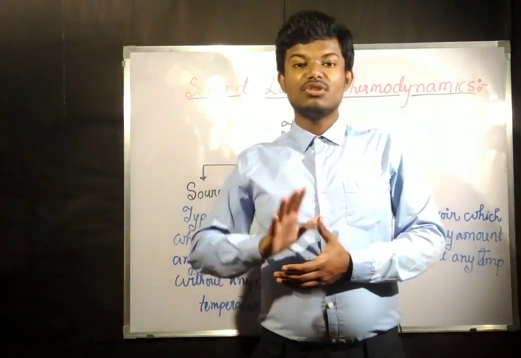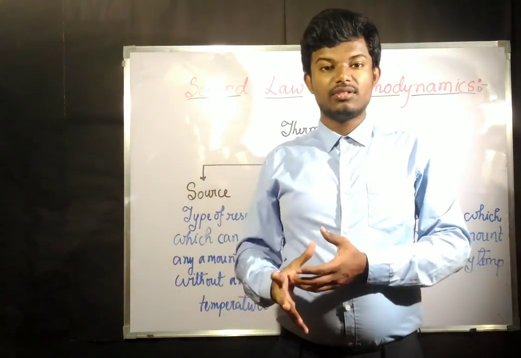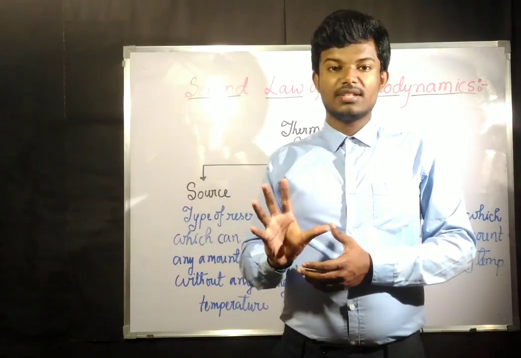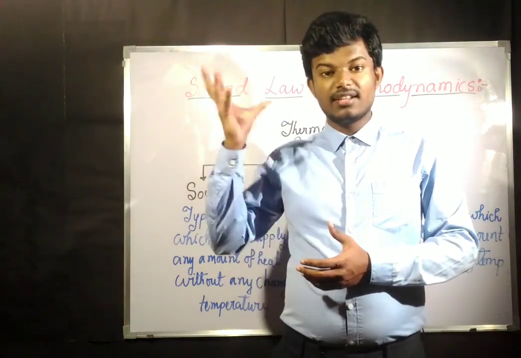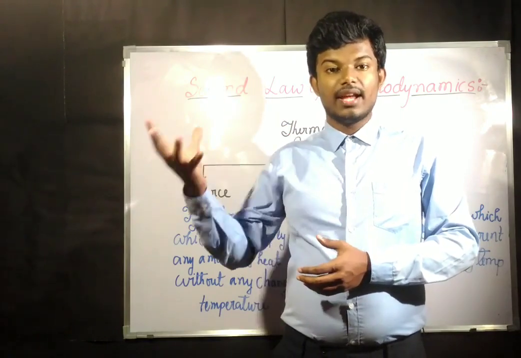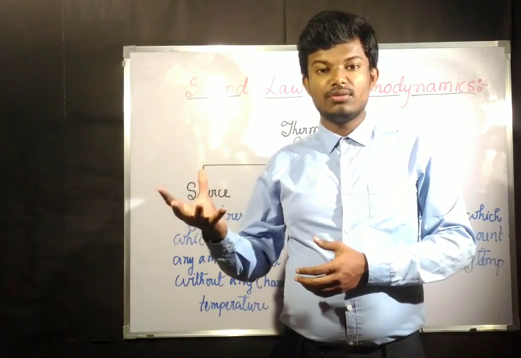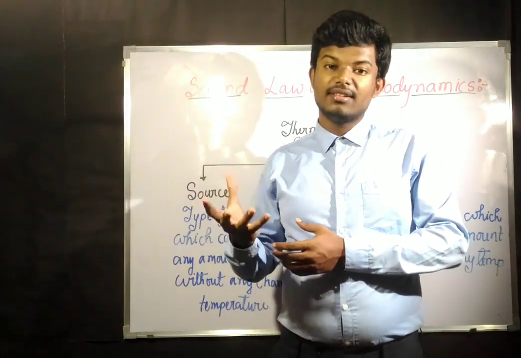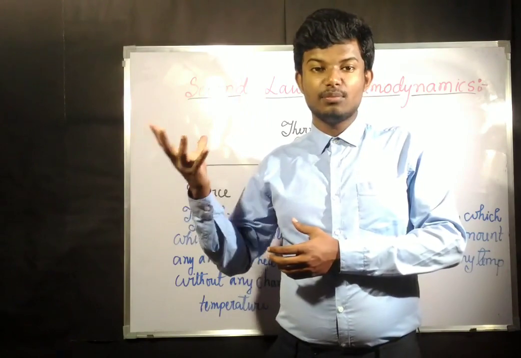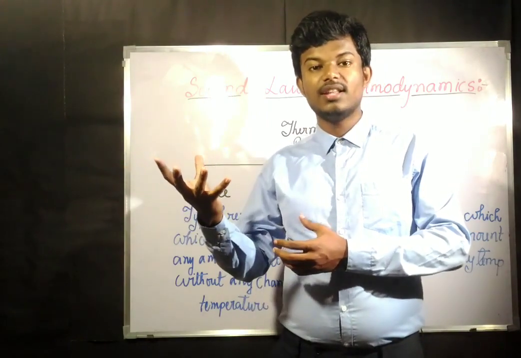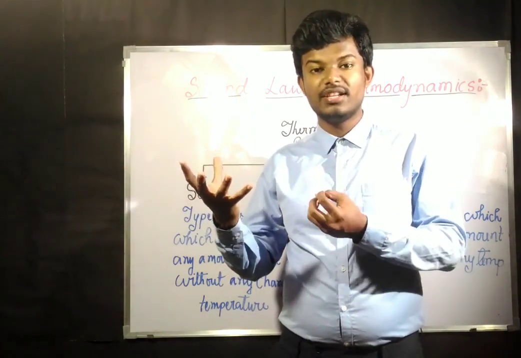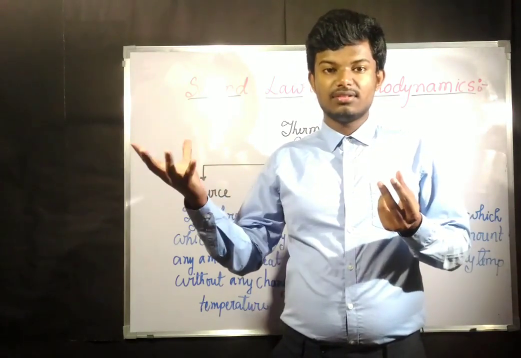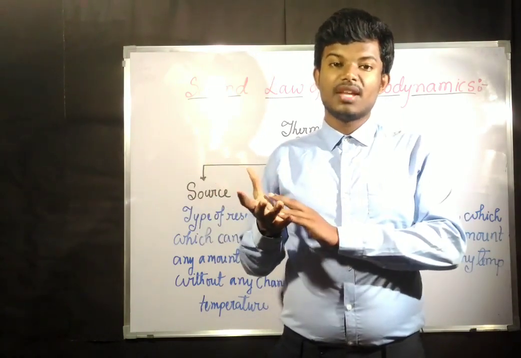Now what can be the example of a source? The example of a source is our sun. The sun can give any amount of heat and its temperature is not going to change ever. Why is this happening? The sun is such a massive body. If you compare Earth with the sun, the sun is a massive object.